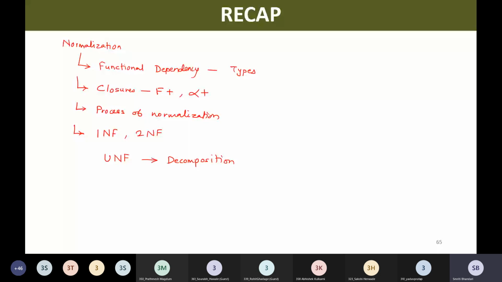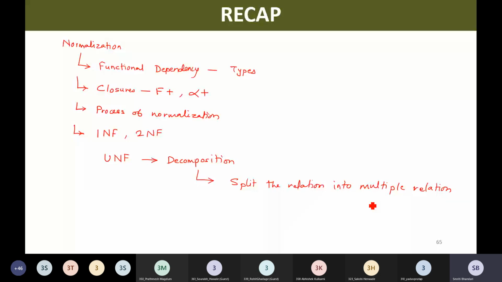So the process of decomposition is simply splitting the relation into multiple relations. We have a relation and we try to split that relation into multiple relations. This is the process called decomposition.